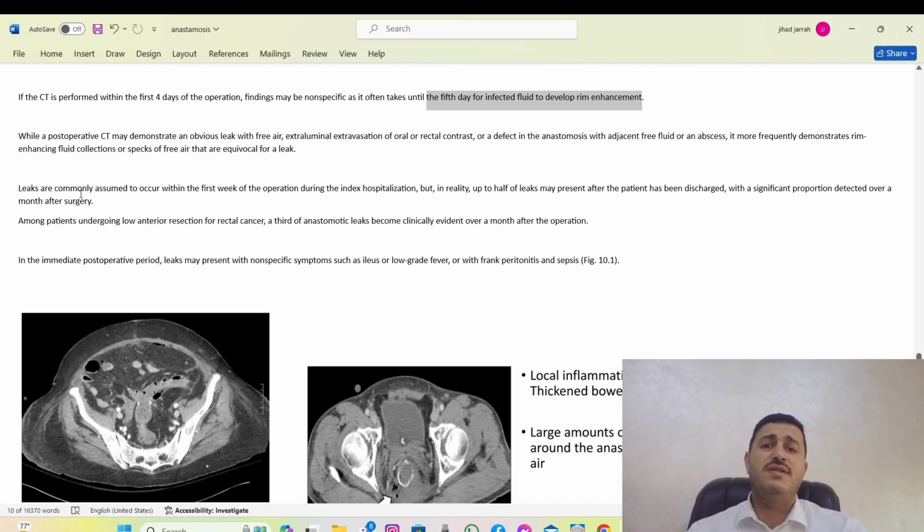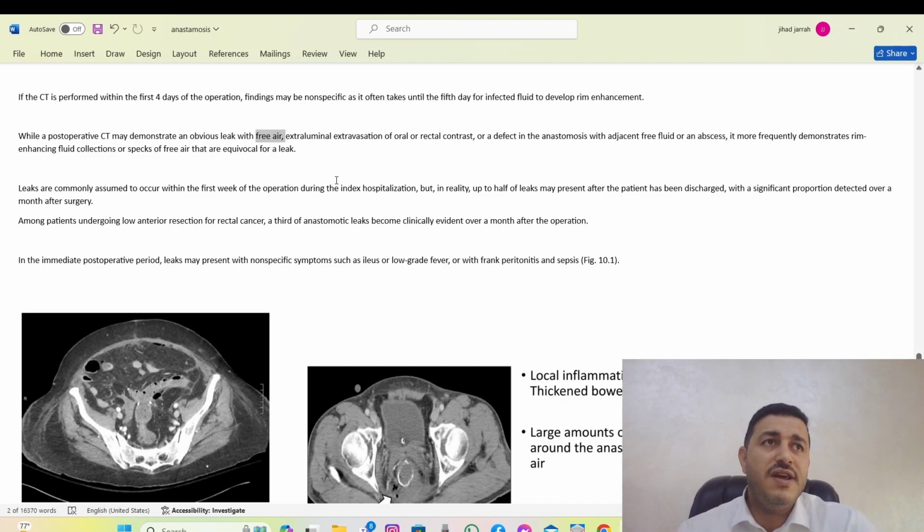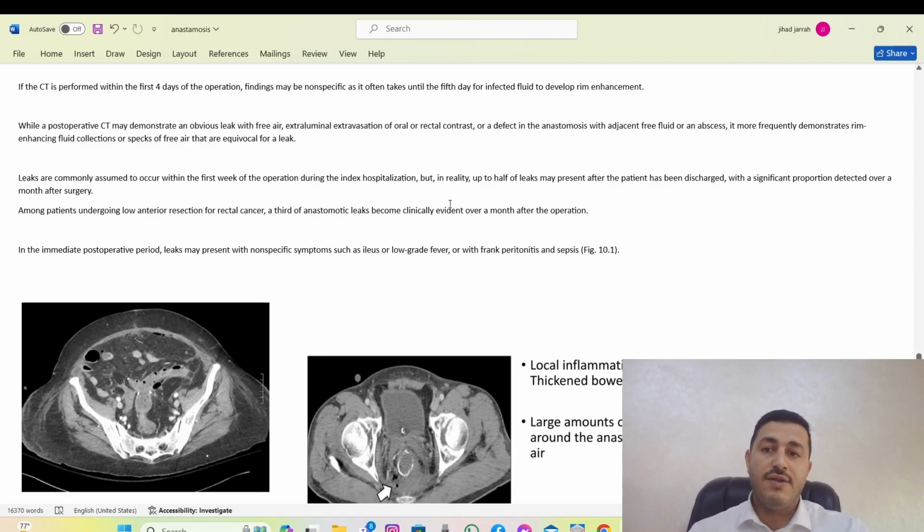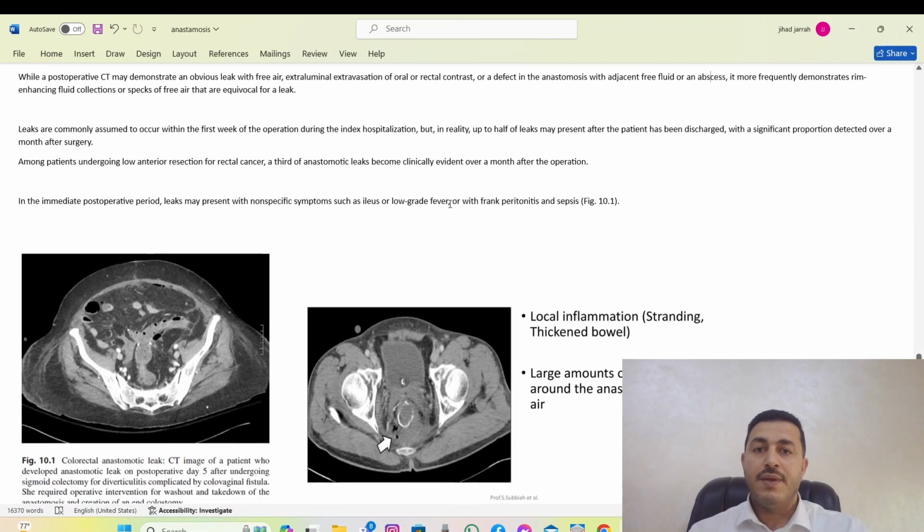Of the CT features that we can find, there is free air, which can be present immediately after surgery. This is why CT is not helpful immediately after surgery. We also look for extravasation of oral or rectal contrast, and abscesses, which can be picked up during the CT.